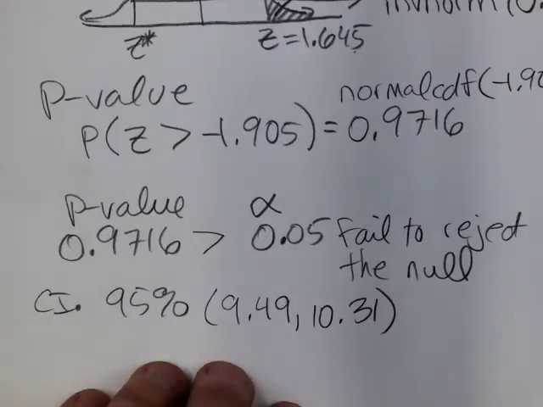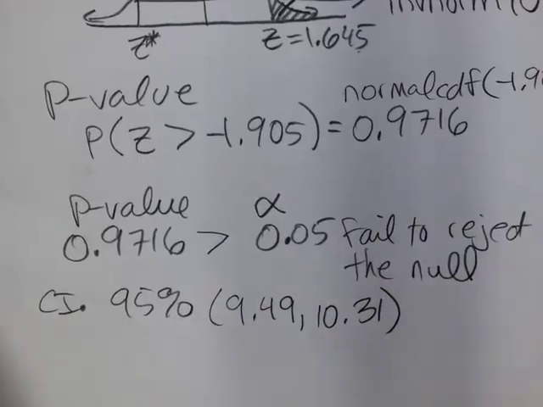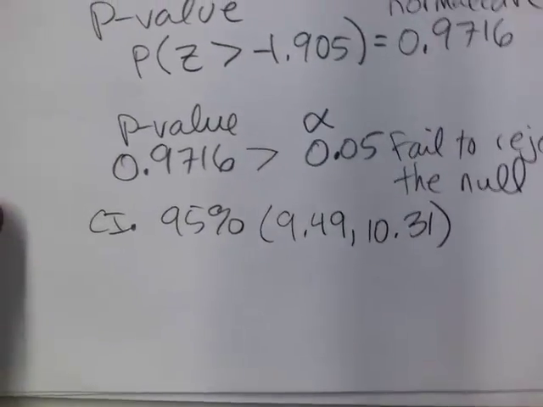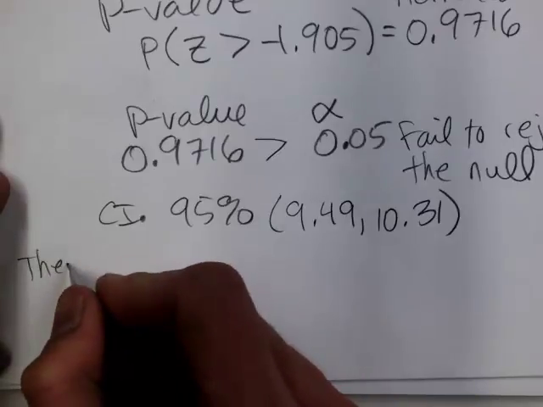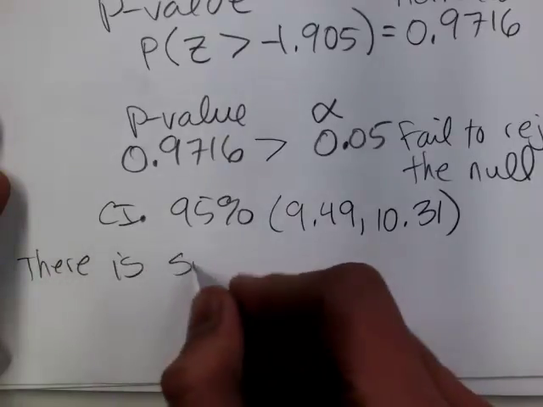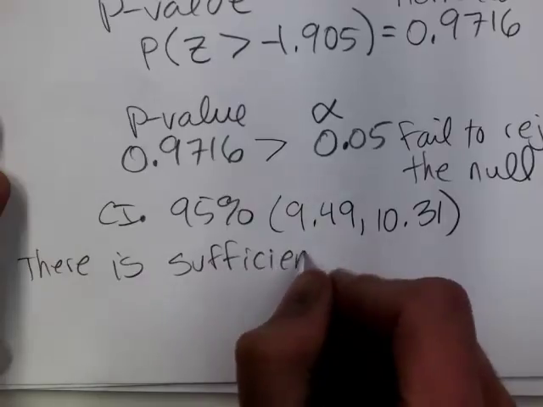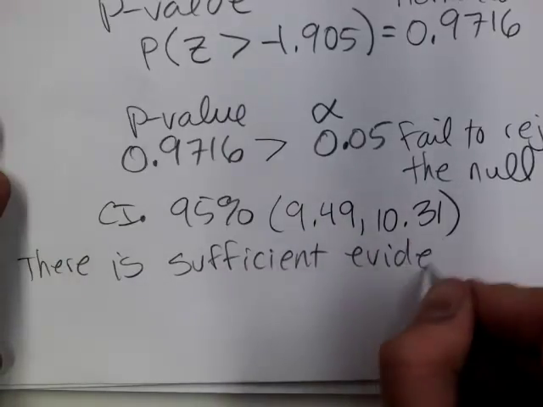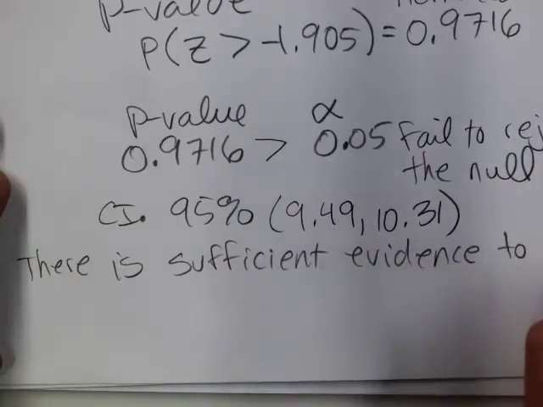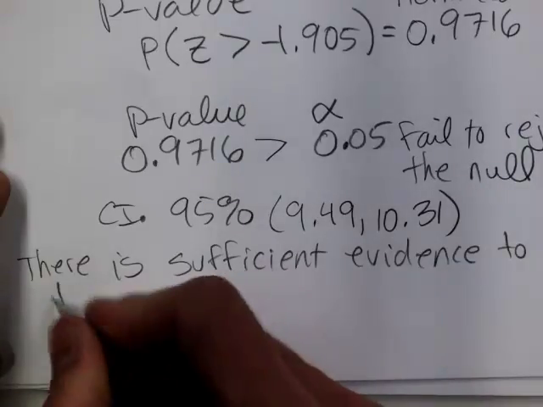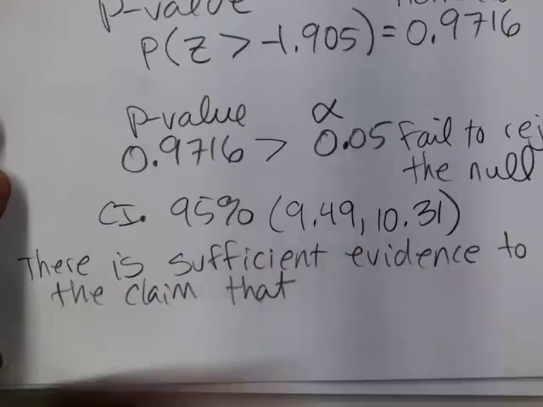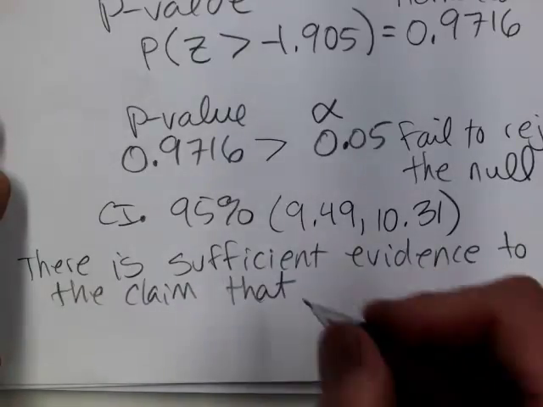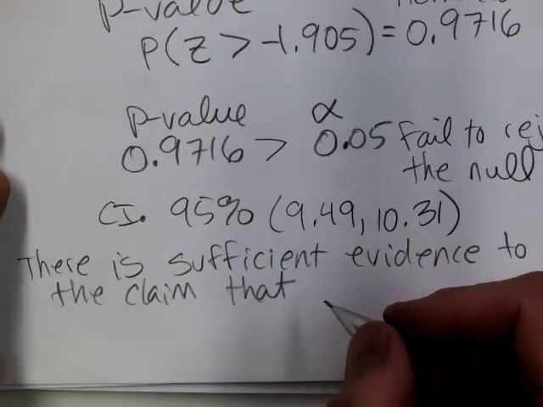So after this, I would have to write my conclusion. Okay, since I'm failing to reject the null, I'm going to say there is sufficient evidence to support the claim that, okay, so what's the claim again? You go through this problem, it's been so long you forgot what it is.